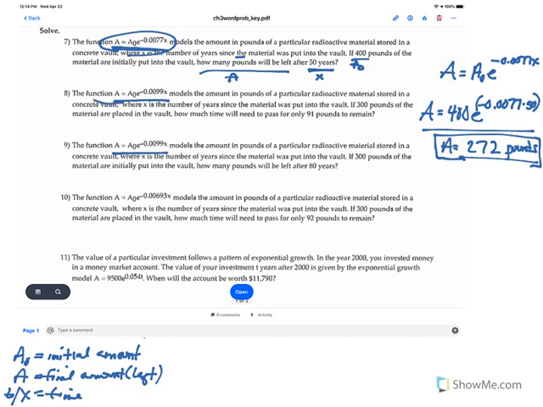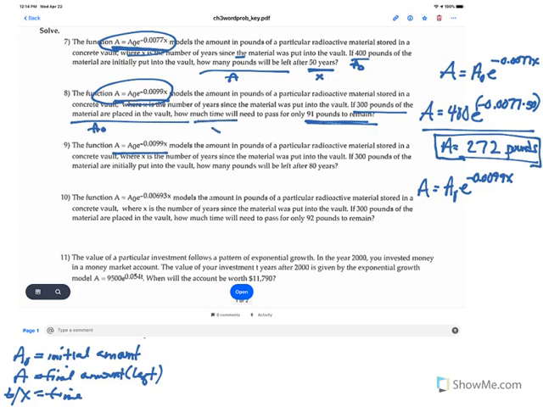So then the second one, we have a new function given to us. A equals A sub 0 e to the negative 0.0099x for some new radioactive material. 300 pounds are placed in the vault. How much time needs to pass for only 91 to remain? So 300 pounds is A sub 0.